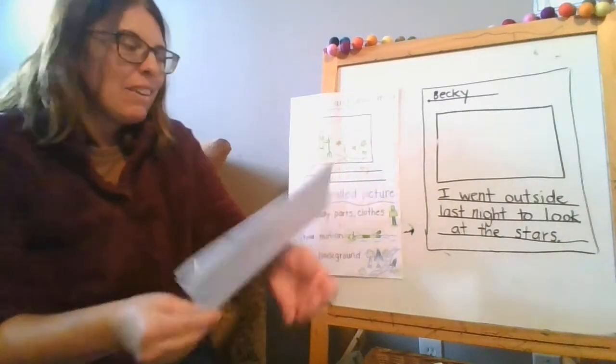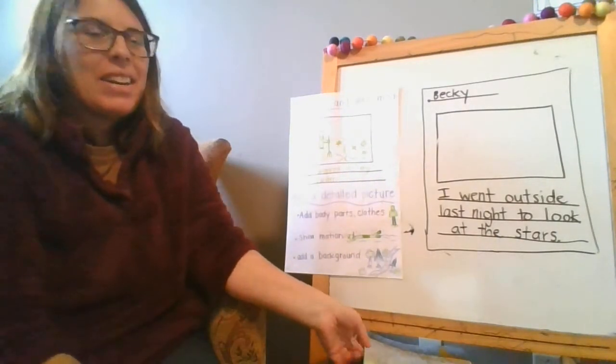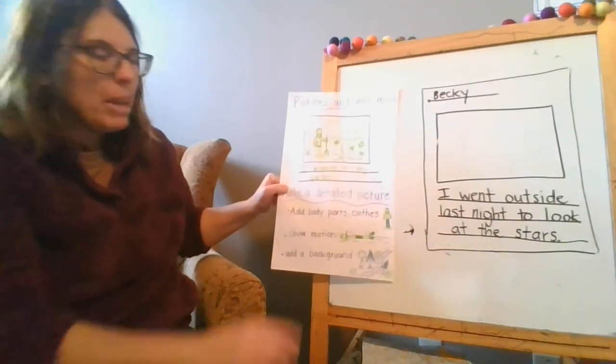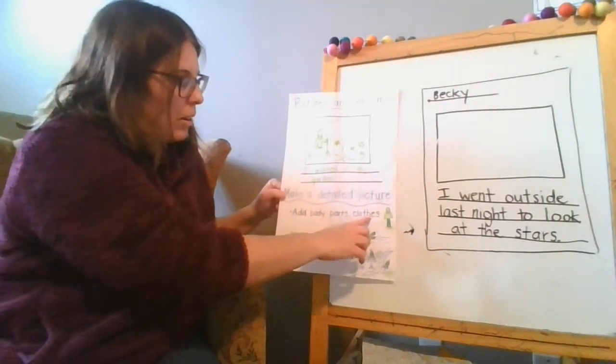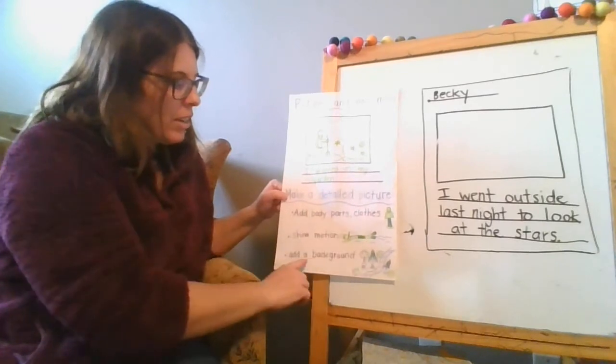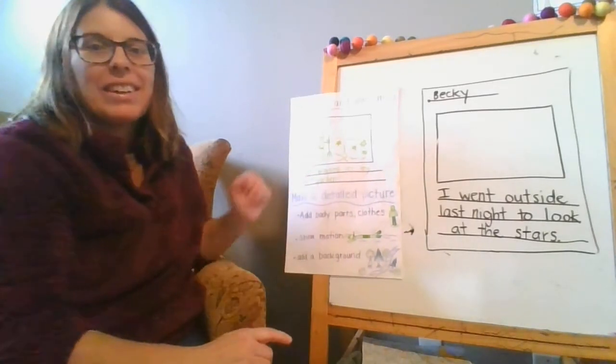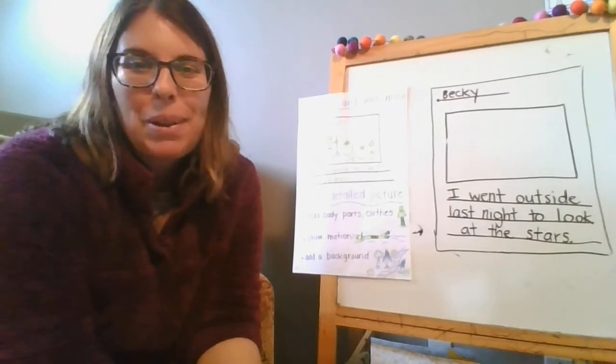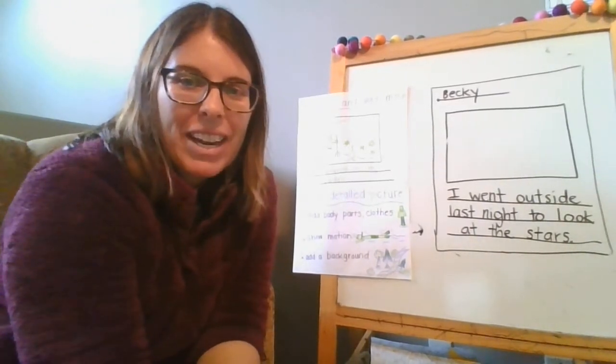So go ahead and see if you can do that when you do your writing today. So pictures and words match, and make a detailed picture. You can add body parts, clothes, show motion, add a background. Okay, see if you can do some of that as you're writing today. Okay, writers, go ahead and have a great writing session.